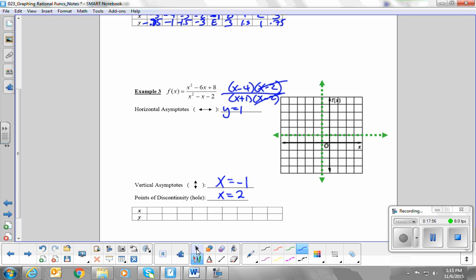And then I have to include in my table negative 1 and 2. So, this is going to have an error, and this is going to have an error.